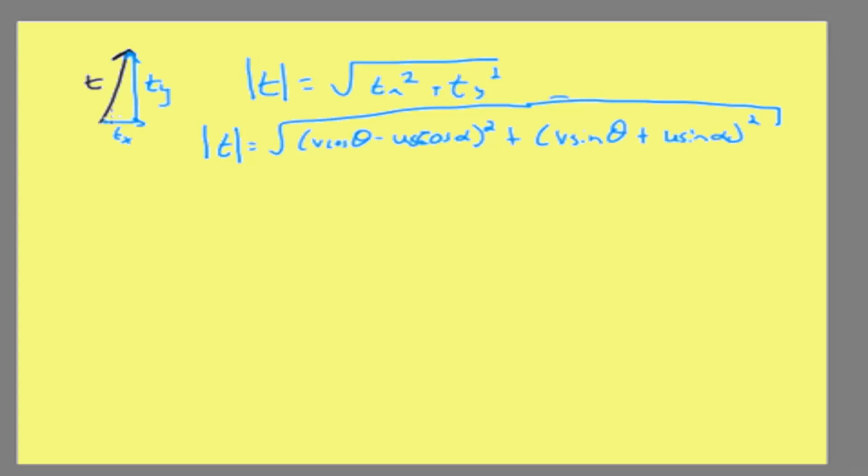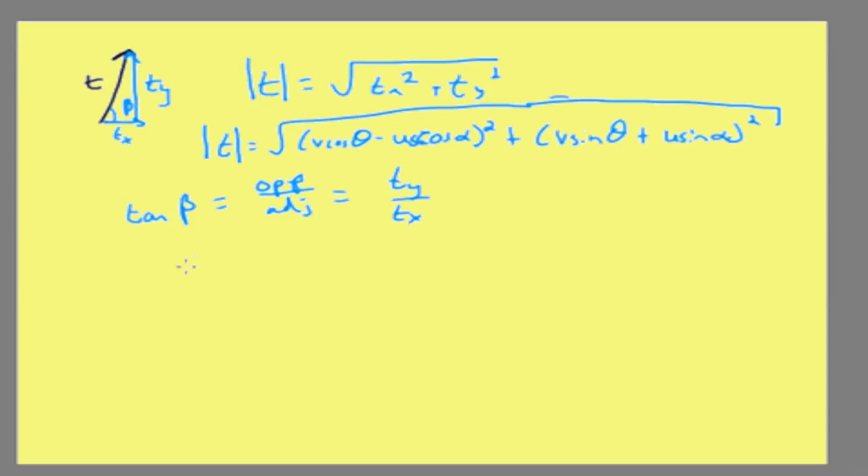Now to figure out what the angle is, if we have ty and tx, we can use some trig. Let's use a different angle, since theta is already used. So let's say that this angle is beta. Tangent of beta is equal to opposite over adjacent, and in this case it's ty over tx.